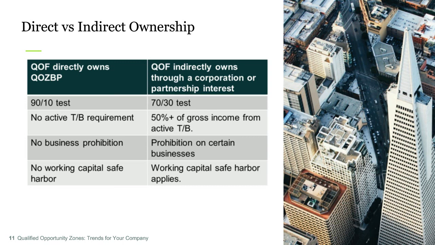Again, you don't have that same working capital safe harbor on the qualified opportunity zone business property side. A lot of people are asking, so how long do I have? That's one of the open questions, because we don't really know how long you have. So you either utilize the working capital safe harbor because there's certainty there and we know it's 31 months, or you're in a more unknown area where you're just not sure how long you have to get the project built.